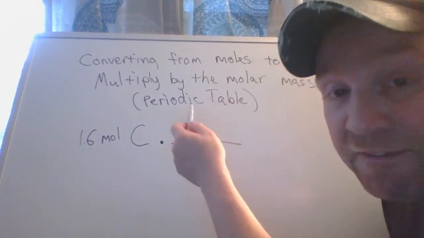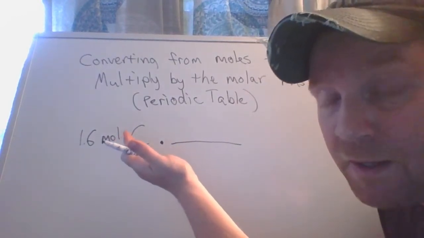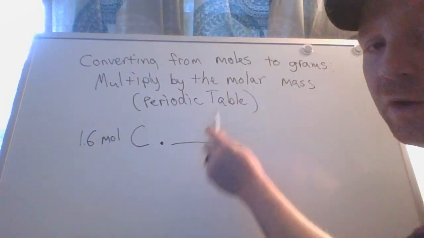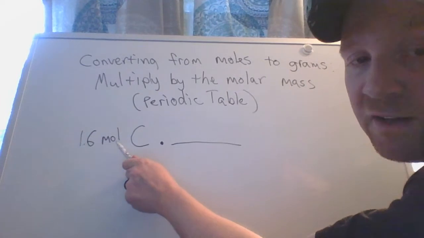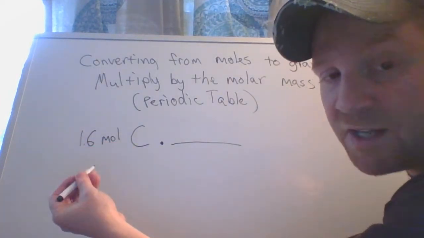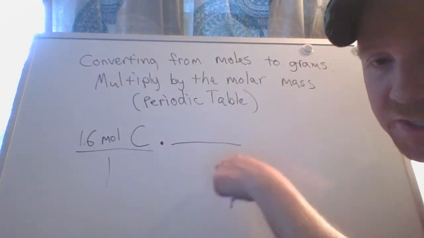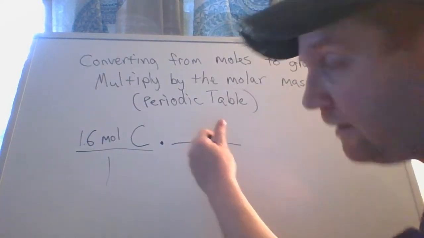Just stick a G after it because its molar mass, the mass of a mole of carbon, is 12.01 grams. So here we go. We're going from moles to grams. We do not want moles in our final answer. We want grams. We're going to put it over 1 just because it's our initial measurement. Bring down moles and label the element. Trust me, for the future, you're going to want to label everything.